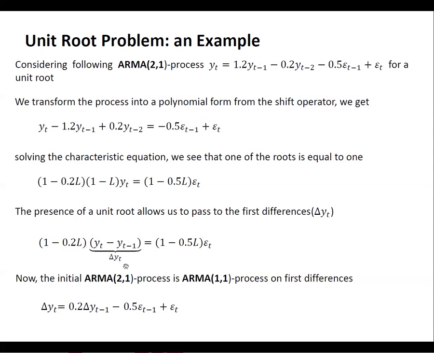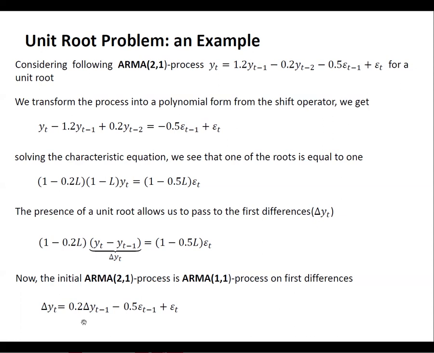And now when we reveal the first differences and leave delta y_t itself on the left side and transfer delta y_t minus 1 to the right side, it is multiplied by 0.2 and the sign changes on the right side during the transfer.